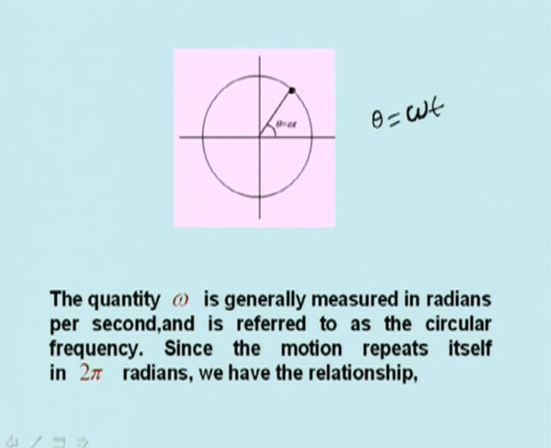Then what you do is draw a projection. This point may be called O, this may be called P, this may be M. Now study the motion of M, how the point M moves. Don't study the motion of P, study the motion of M and see what type of motion this is.